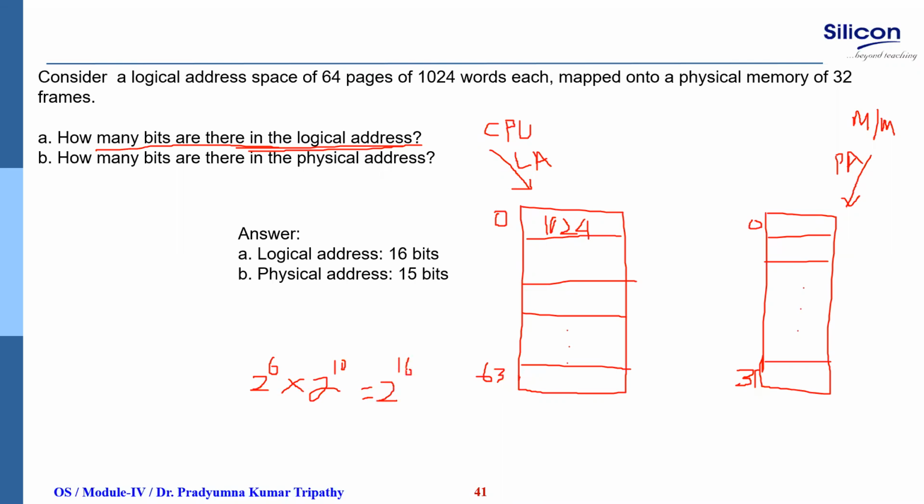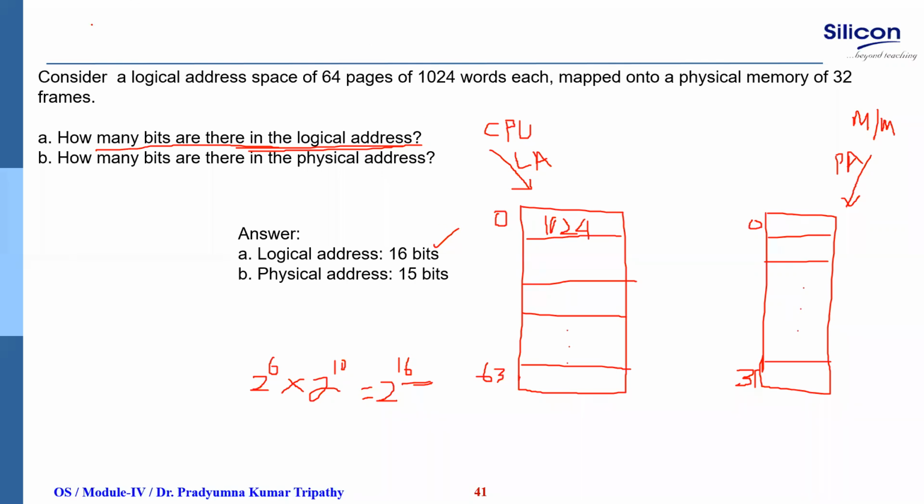That means the size of this is 2 to the power 16, so I require only 16 bits. Is it understood? There are 2 to the power 6 pages, each page is of 2 to the power 10, therefore the size of the program is 2 to the power 16. Therefore, 16 bits is the logical address.